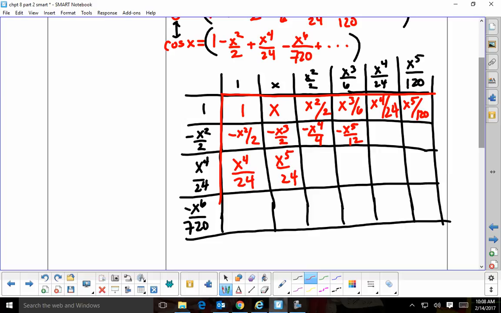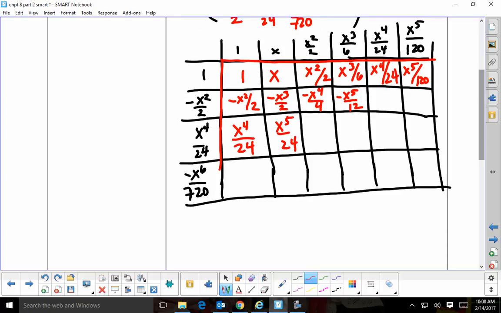Do you see how I've gotten all the 5th degrees and lower that are multiplied so far? Now to write e to the x cosine x, right?